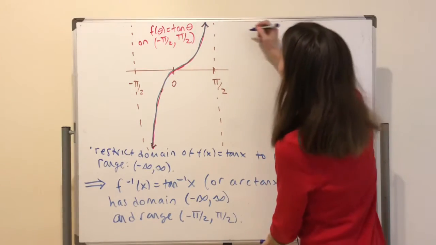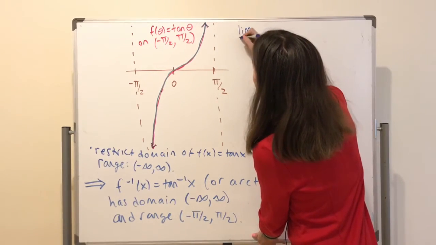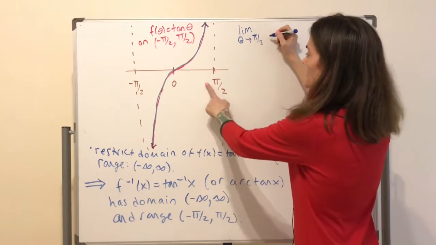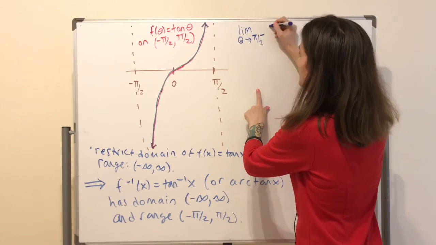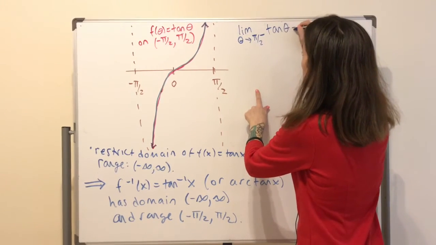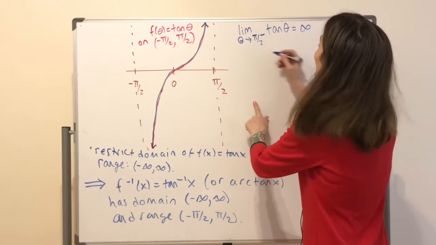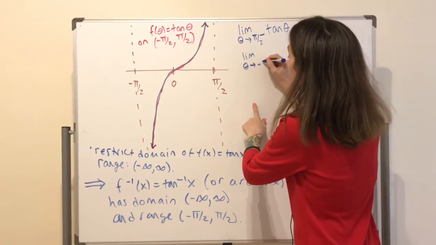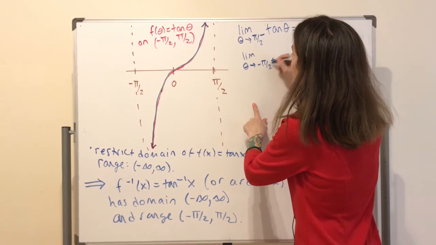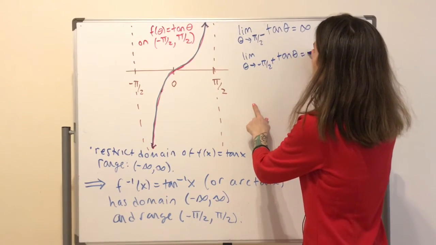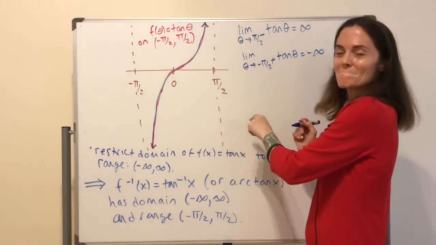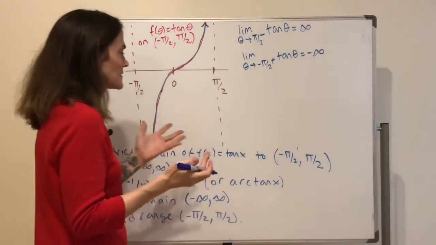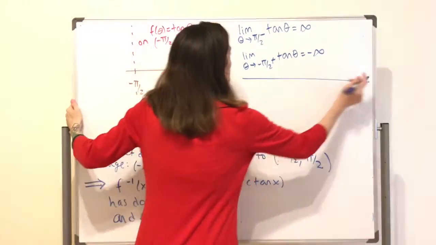As I was saying, we know the limit as theta goes to pi over 2 coming in from the left of the tangent theta is infinity. And the limit as theta goes to minus pi over 2 on this side of the tangent theta is minus infinity. Okay, now let's translate this into a statement about the tan inverse.